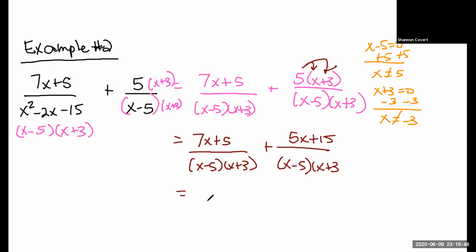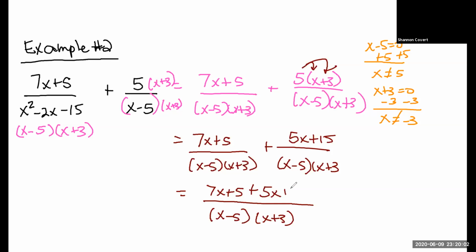Now I'm ready to write it as one big fraction where I have x minus 5 times x plus 3, and in my numerator, I have 7x plus 5 plus 5x plus 15. When I collect like terms in my numerator, 7x plus 5x is 12x. 5 plus 15 is 20. So I have 12x plus 20 over x minus 5 times x plus 3.